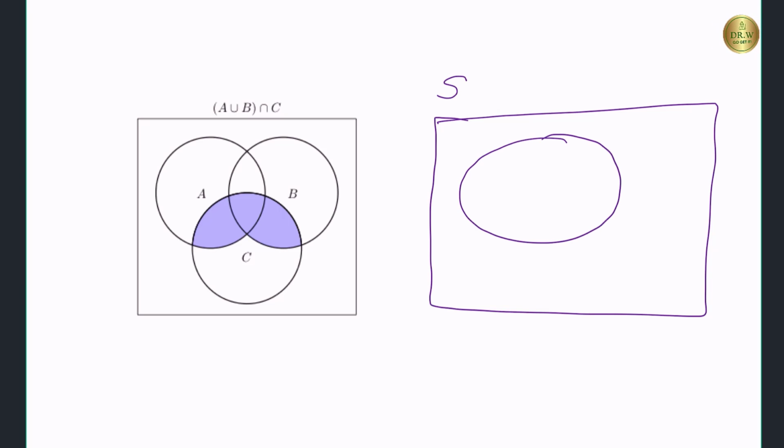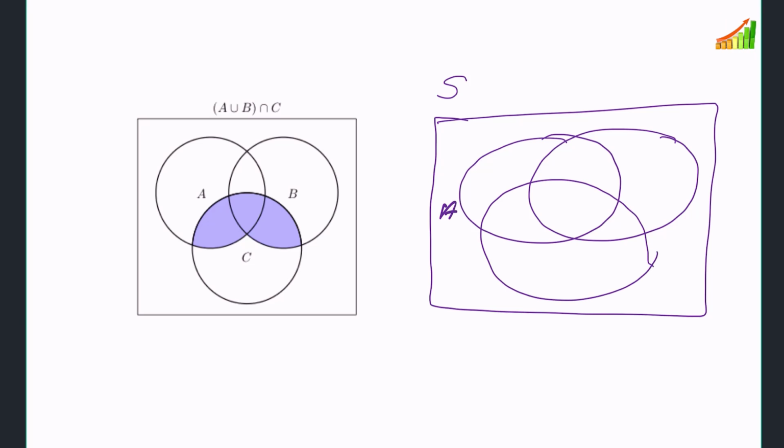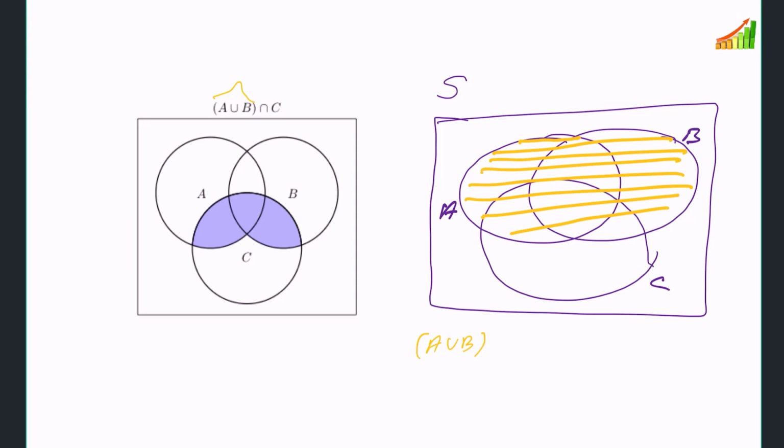There are 3 circles, 1, 2, 3, A, B, C. Now we have A. There are actually three sets, but we can make it the first one, A union B. You already know how to find A union B. So I will color using the yellow. This is the A union B. Then we have event C. So this is the event C.